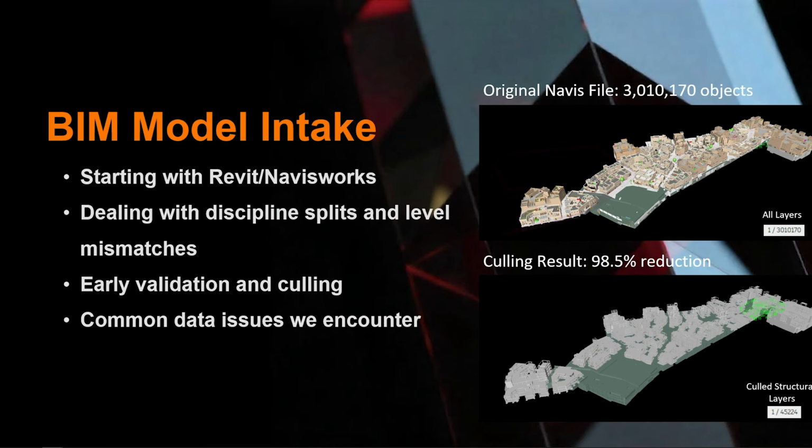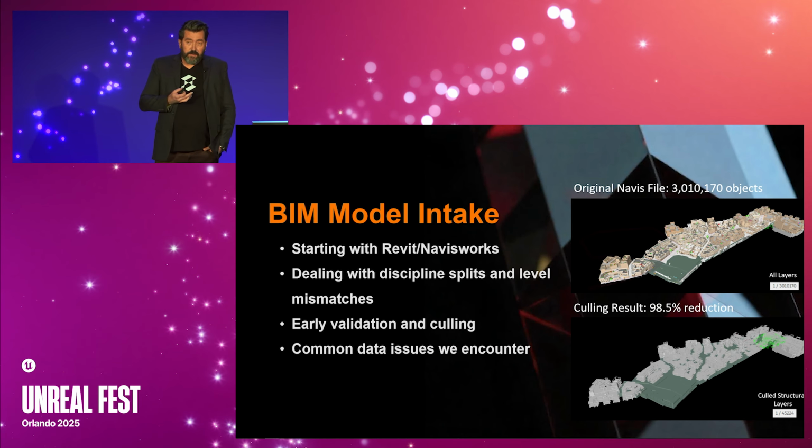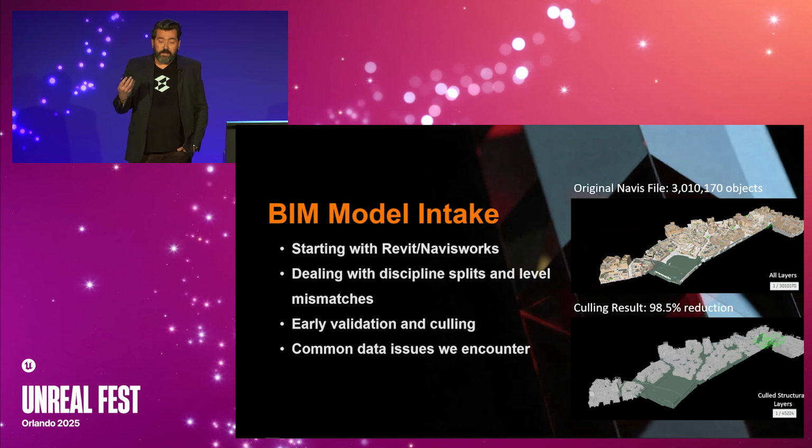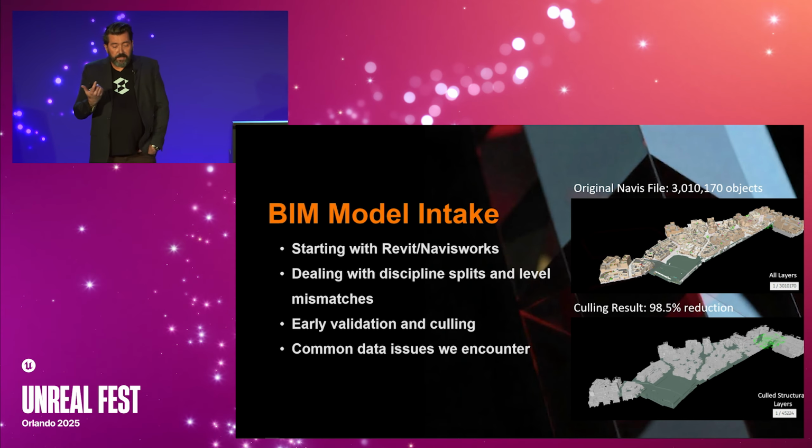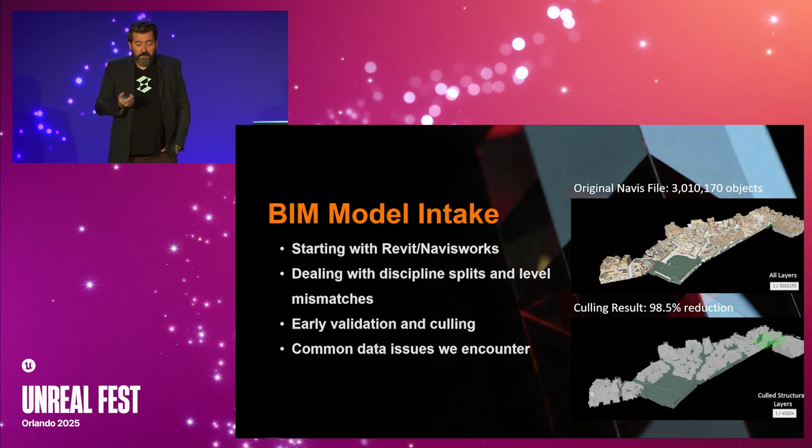So some of the things we're dealing with and catching in that early validation phase are inconsistent level, layer, base constraints, sloppy material applications, no material applications. Sometimes you'll have a Navisworks file that's a collection of maybe 10 Revit models, but then there's a SketchUp model in there too, and those aren't actually BIM objects.